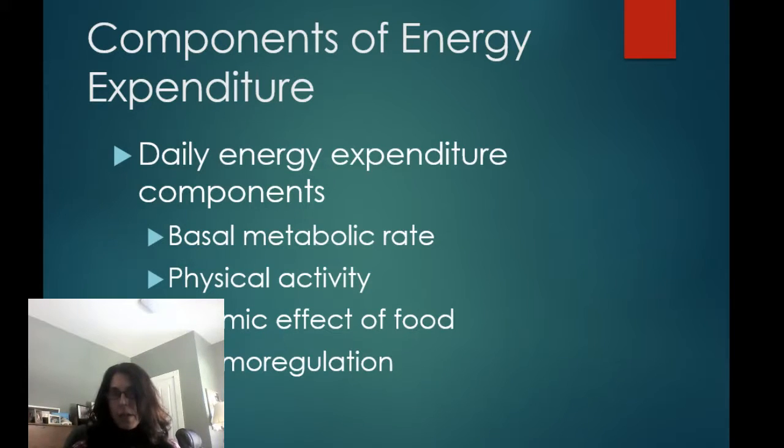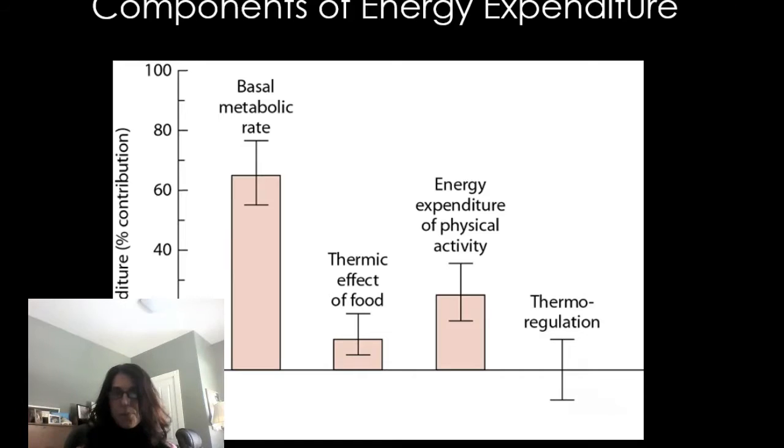There's physical activity, so that does take into account moving about during your day, and then above and beyond that, do you exercise? Do you have some type of physical activity plan that you engage in on a daily or weekly basis? Thermic effect of food, so how many calories do we expend when we process or digest our food? And thermoregulation, maintaining our appropriate body temperature.